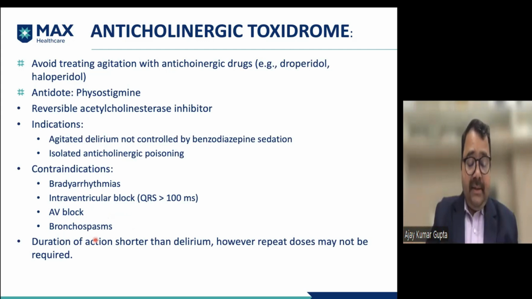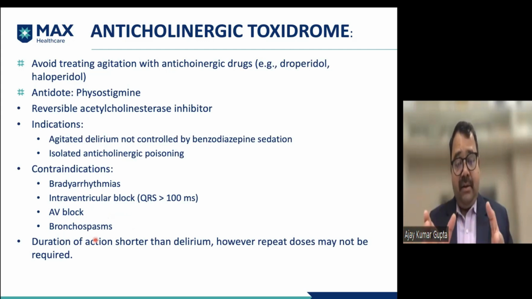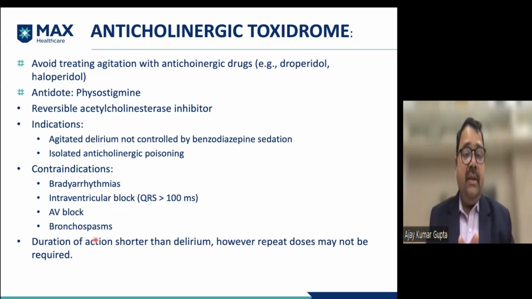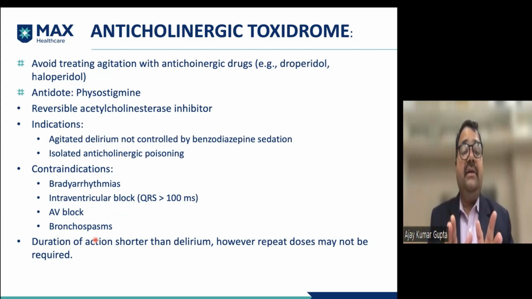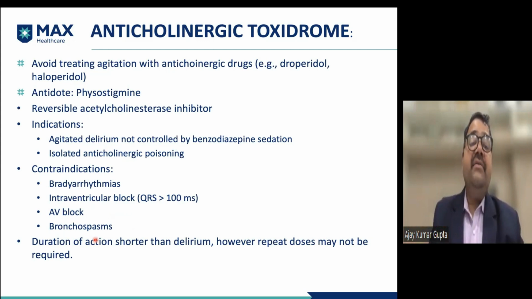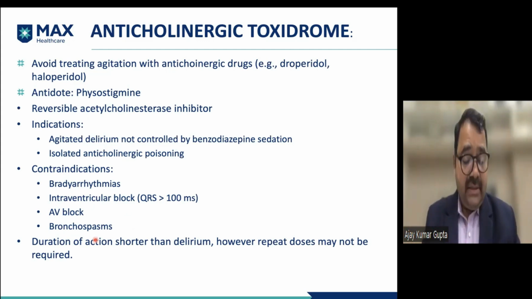Like in the treatment of all toxins, there is the matter of treating agitation. You have to avoid treating agitation with anticholinergic drugs. Then the antidote of this anticholinergic toxidrome is physostigmine, which is a reversible anticholinesterase inhibitor, and it is to be given when there is agitated delirium which is not controlled by benzodiazepine sedation, or there is an isolated anticholinergic poisoning.